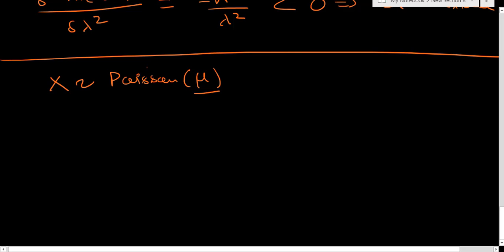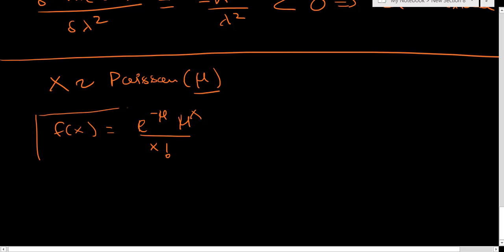So we all know the probability function f of x is equal to e to the power of minus mu, mu to the power of x over x factorial, right? This is the probability function that we have.